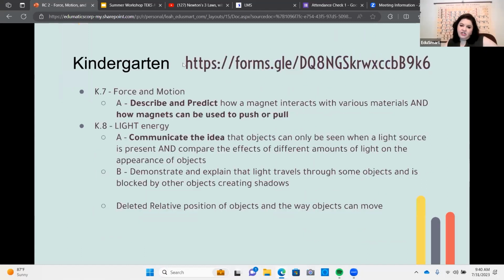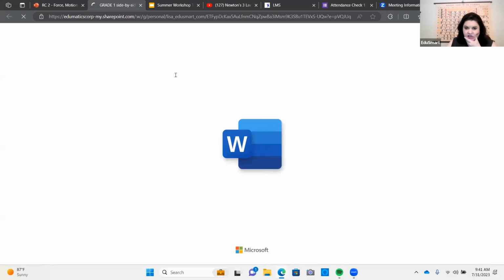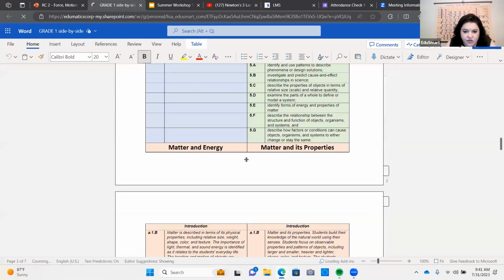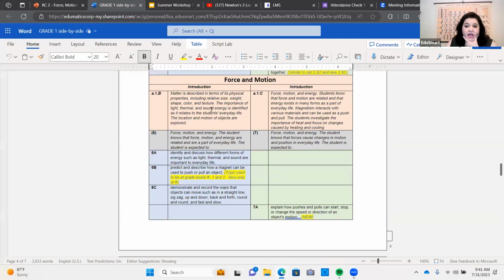With each of the standards, I have included a link to the EduSmart side-by-side. We have created this side-by-side document. It's an awesome document as far as being able to see, and I'm just going to scroll down, this is first grade, exactly what is changing and what's new. It highlights, if there's no standard that lines up to this, that means there's no correlation between the old standard and the new one.